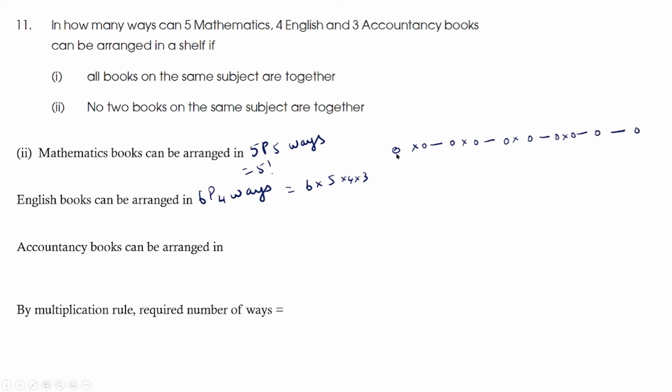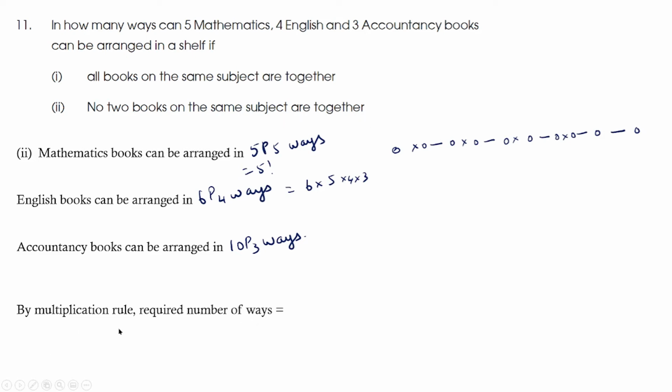So there are 1, 2, 3, 4, 5, 6, 7, 8, 9 and 10 places for the accountancy books to be occupied. So accountancy books can be arranged in 10P3 ways. If the arrangement is made in this way, no 2 books on the same subject will be together.